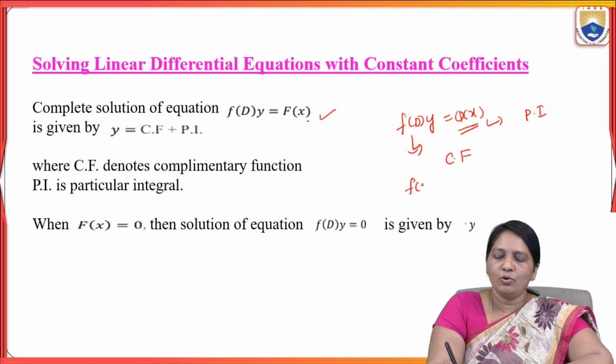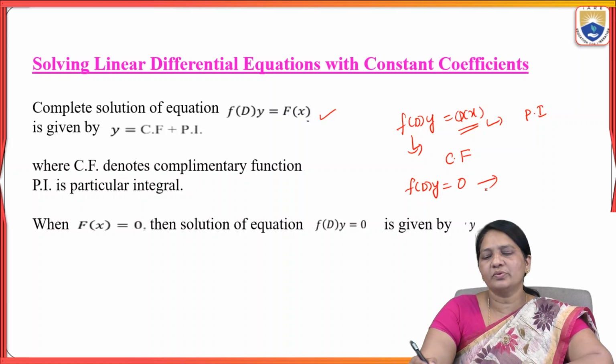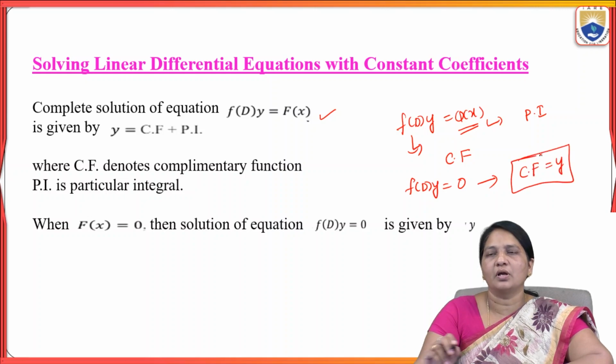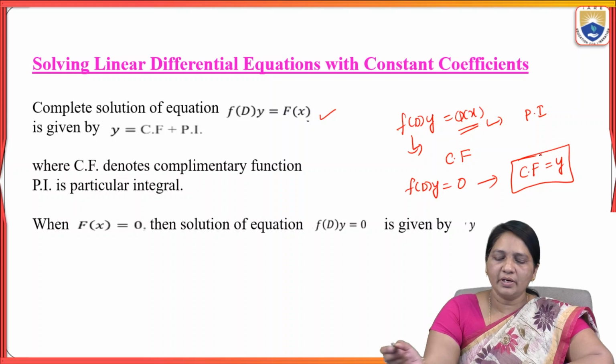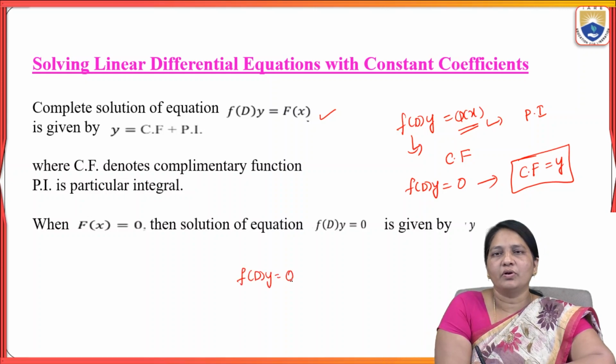For the homogeneous equation, f of D into y equals 0, only the complementary function is the complete or general solution. But for the non-homogeneous equation, f of D into y equals q of x, the solution is y equals CF plus PI.